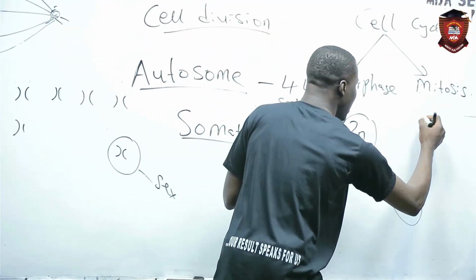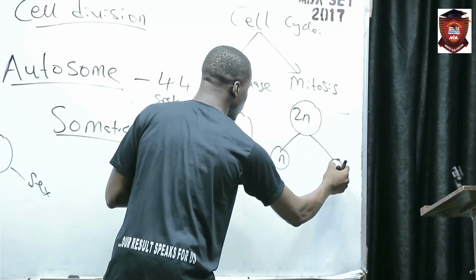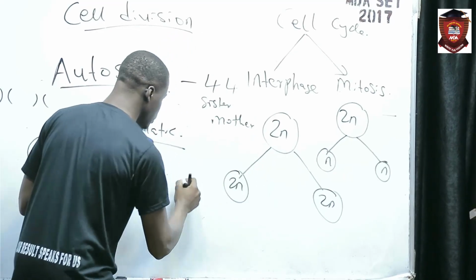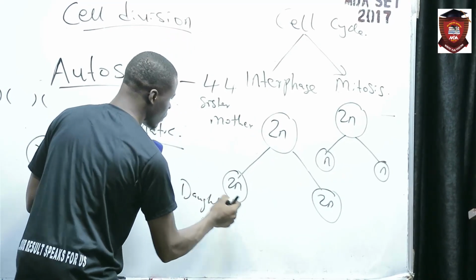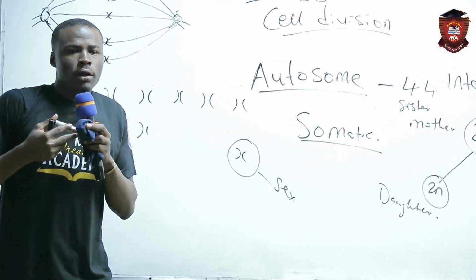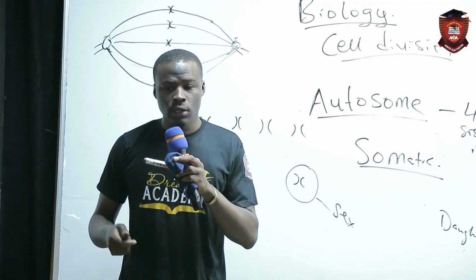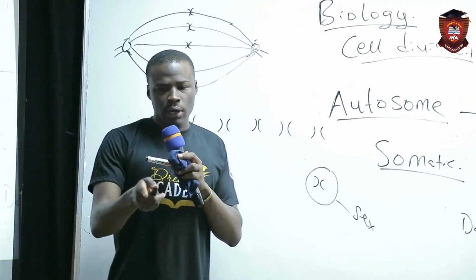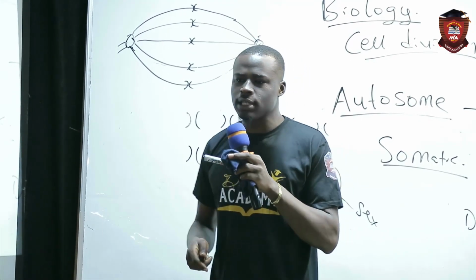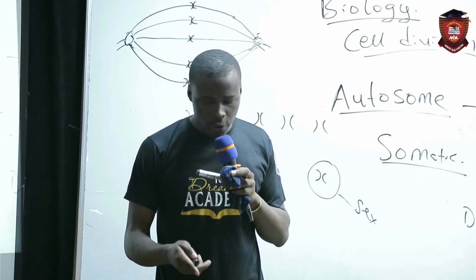Haploid is when you have 2N, you now see N. So this is the mother cell and this is the daughter cell. Are we following? So before a cell can divide, it needs to produce the materials required for division. The interphase is a stage in which the cell prepares for division. Are we following?